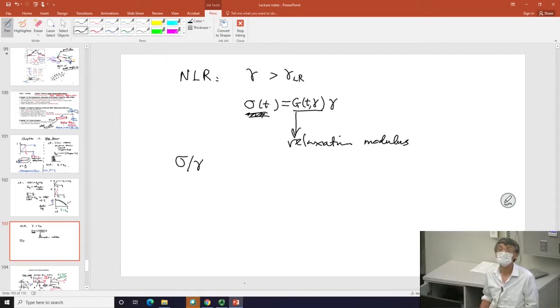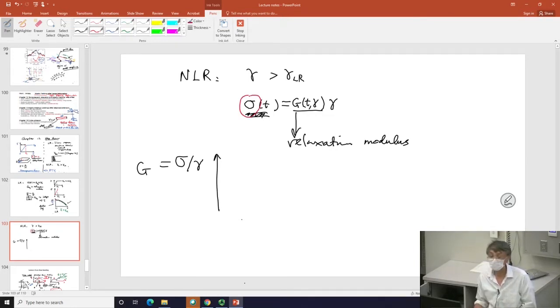People indeed plot this, usually. Let me emphasize, they usually do not plot sigma. Instead, they plot this normalized quantity called relaxation modulus, as a function of time, because you're watching the relaxation now.